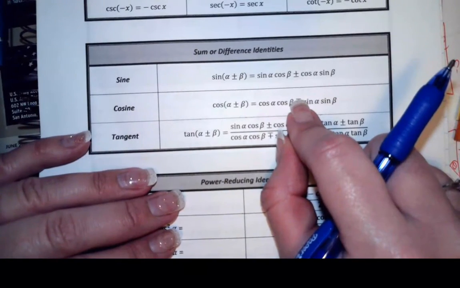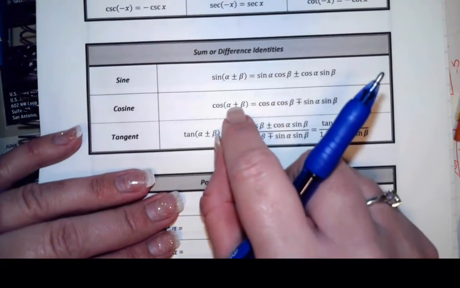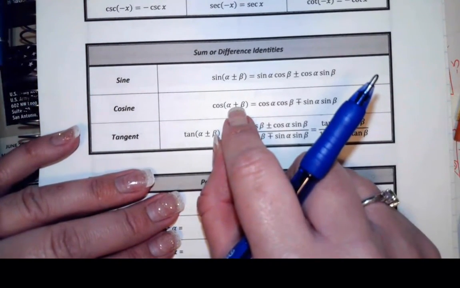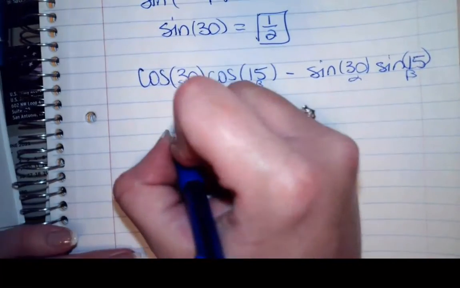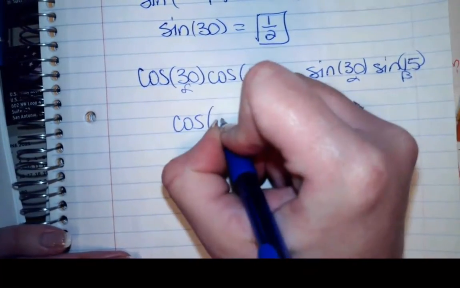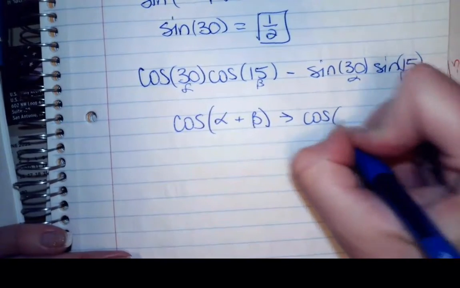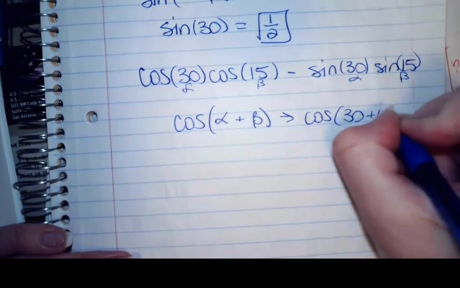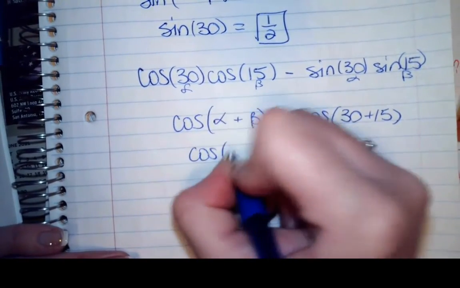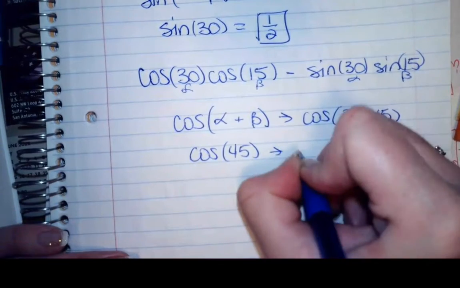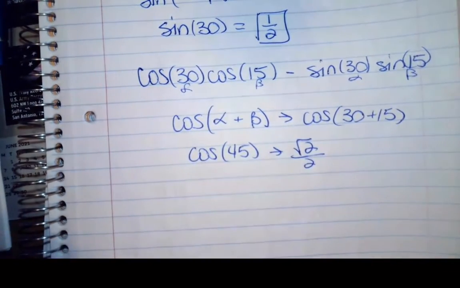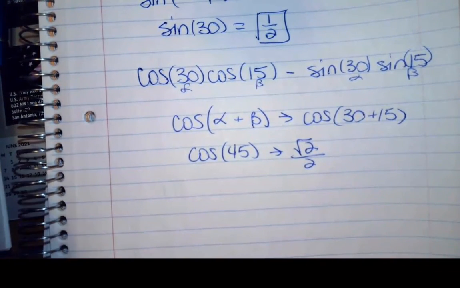The negative is on top. So work backwards, I need to do this as addition. So this will be the cosine of alpha plus beta, which will give me the cosine of 30 plus 15, which is the cosine of 45, which is root 2 over 2. Makes it so pretty.